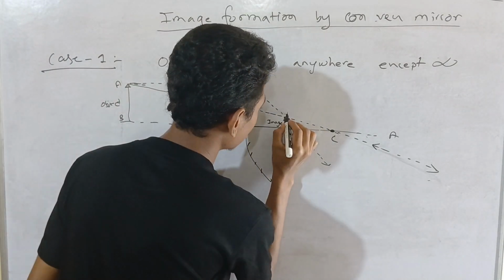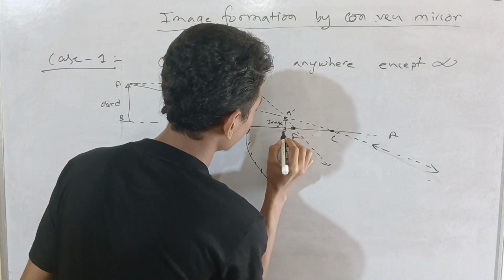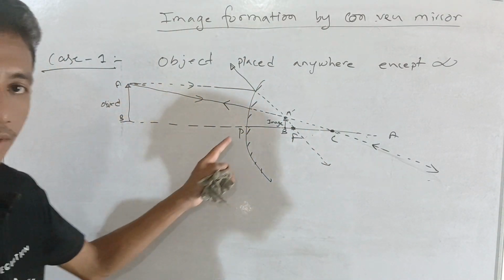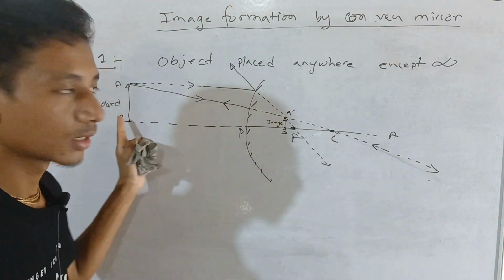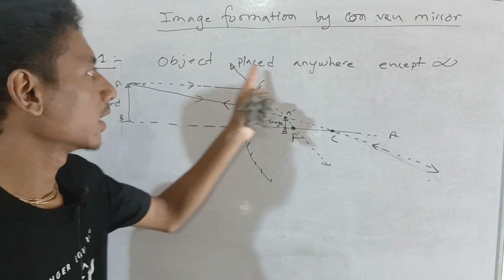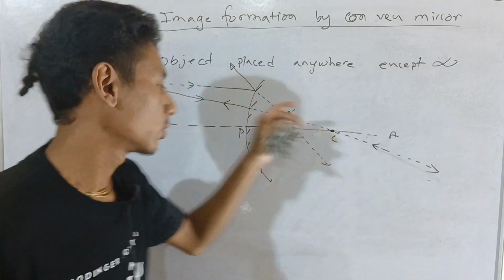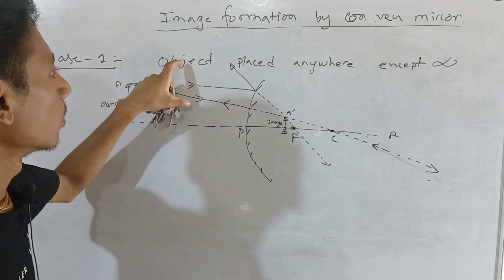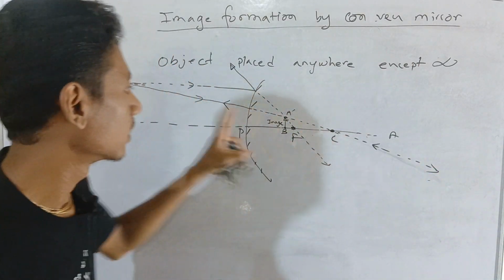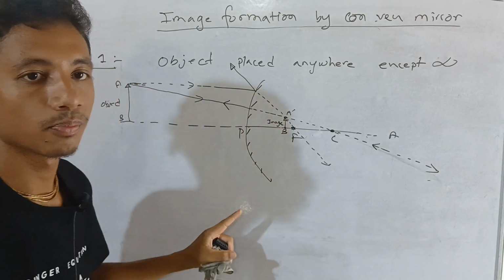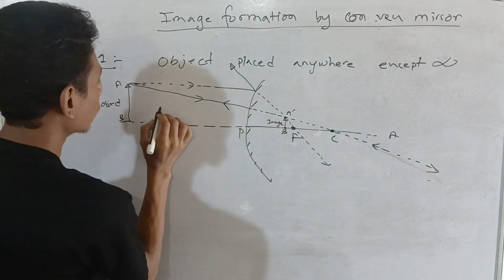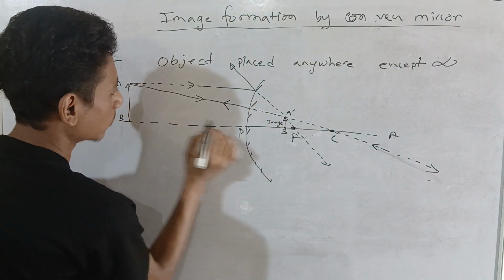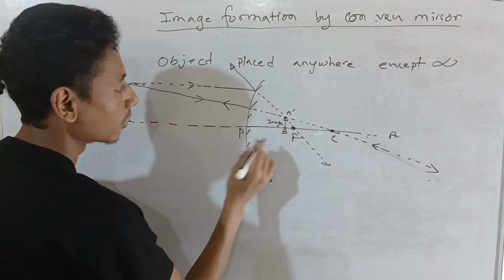This is A dash and this is B dash. Understand? Got it? This is how the image forms in a convex mirror. If the object is placed anywhere except infinity, the image formation looks like that. If we place the object here, the image is formed here, between pole and focus, not at C or F.